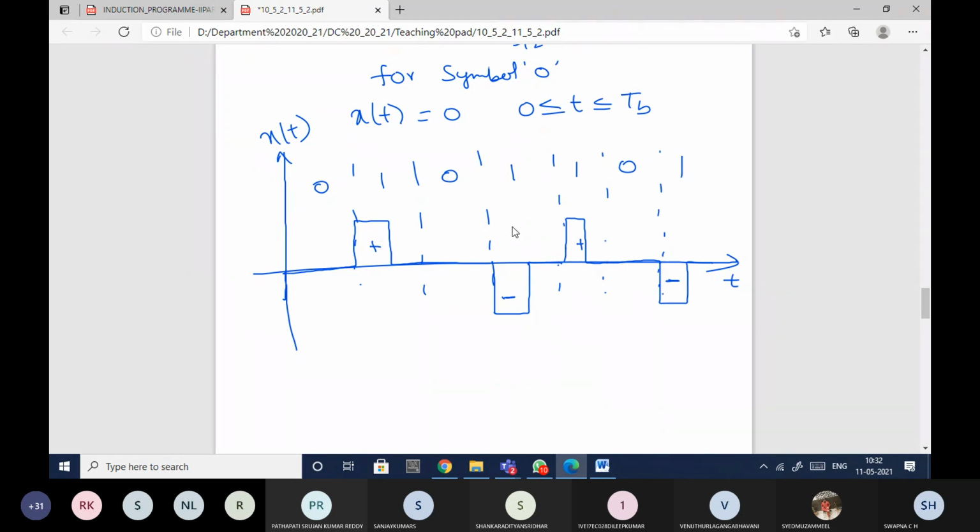The DC value should not be there in the frequency component. So this is the advantage of the bipolar format, and this is how we represent RZ format. Okay, anybody have doubts here?